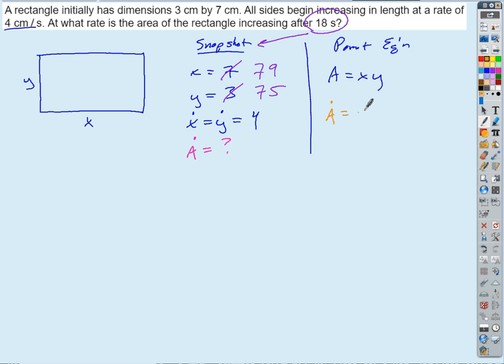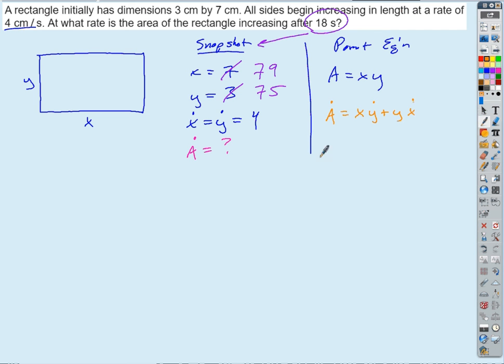So this is a product, right? So I've got to do product rule: the first times the derivative of the second plus the second times the derivative of the first. And the derivatives are with respect to t, so they're going to be dots. And we know all that stuff, don't we?